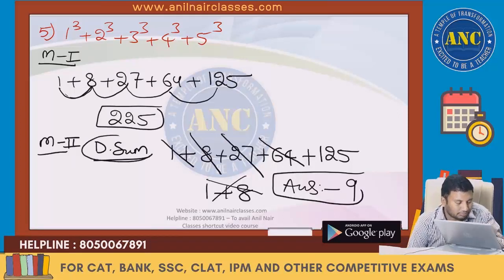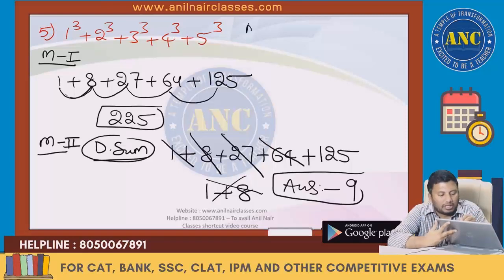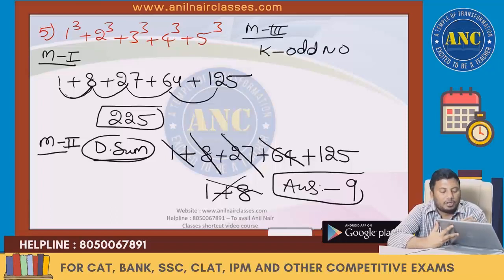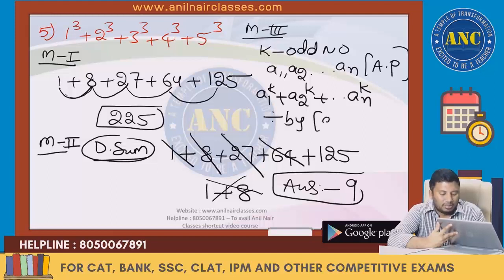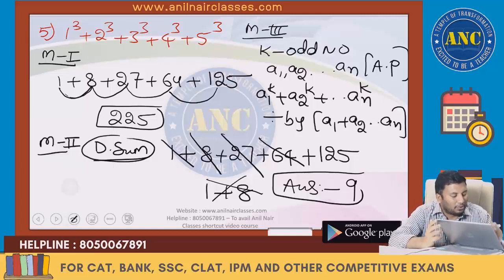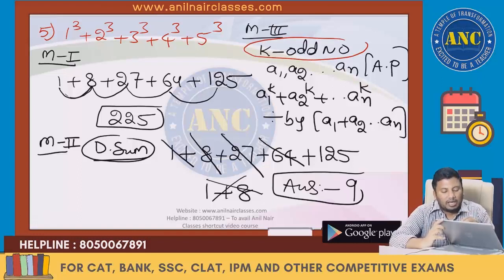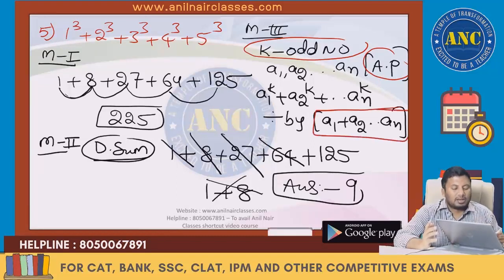Method number 3, which we already discussed: if k is an odd number and a1, a2 and so on up to an are in AP, then a1 power k plus a2 power k up to an power k is always divisible by the sum of the bases.